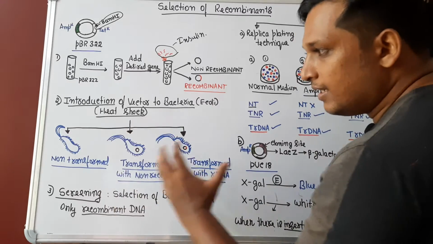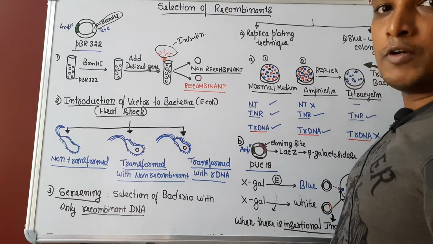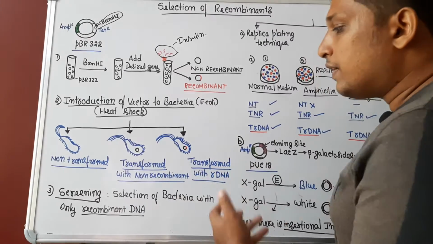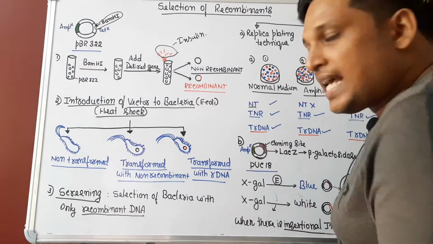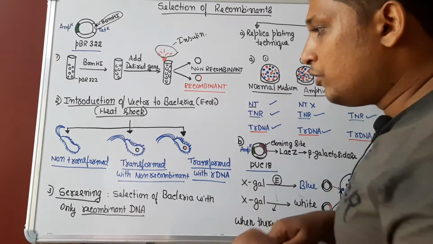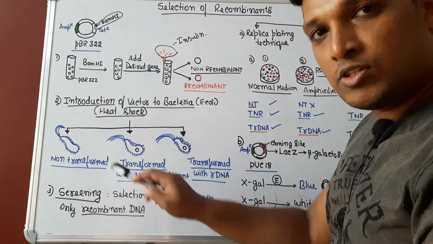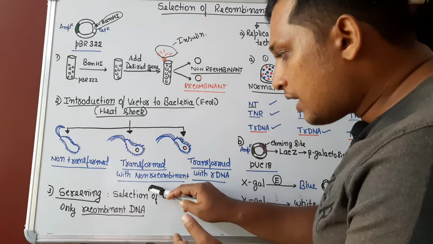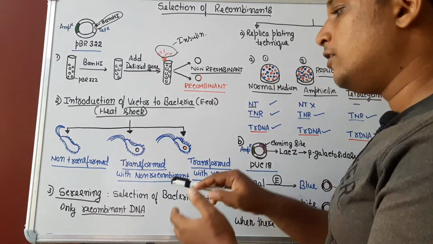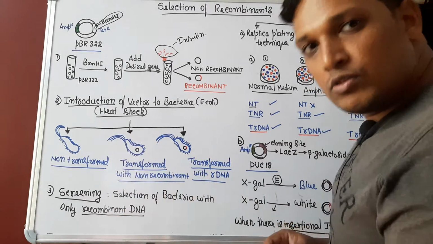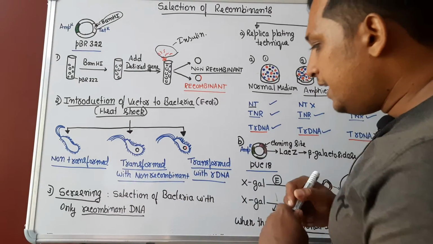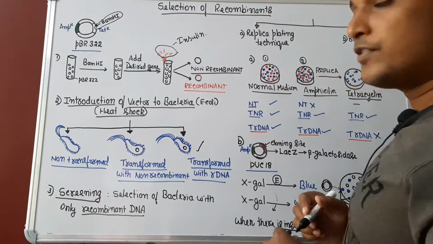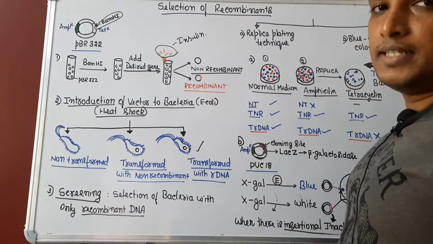Now, out of these three, which one do we require for our experiment to grow further, to get the desired product? We don't need the non-transformed cell because it does not have the foreign gene. Transformed cell with non-recombinant plasmid also we don't want because there is no foreign gene. We need the third kind of cell, transformed cell with the recombinant DNA.